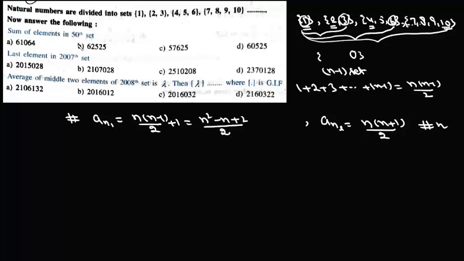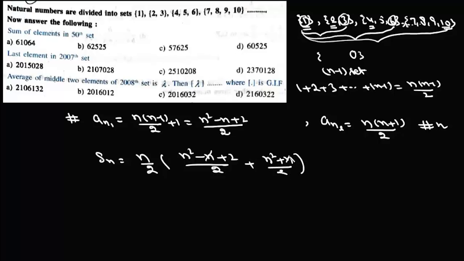Now first we need to find sum of element in any set. So sum of element in this nth set will be simply n by 2 and then a plus l. Now a plus l will be n square minus n plus 2 by 2 plus n square plus n by 2. Now this n and n will cancel. Now this is 2n square plus 2.